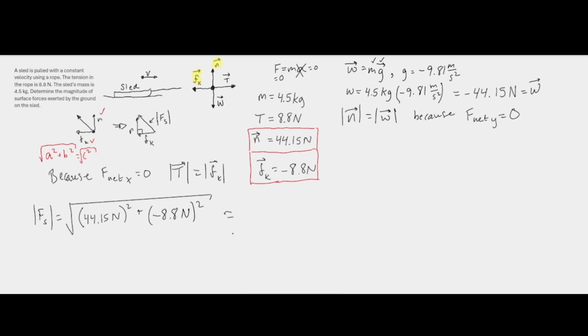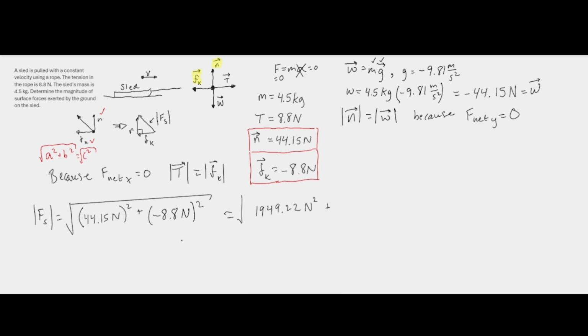So this is still the square root, and I need to take 44.15 squared, and to 2 decimal places, this is 1949.22 newtons squared. So I squared both the numeric value and I squared newtons.